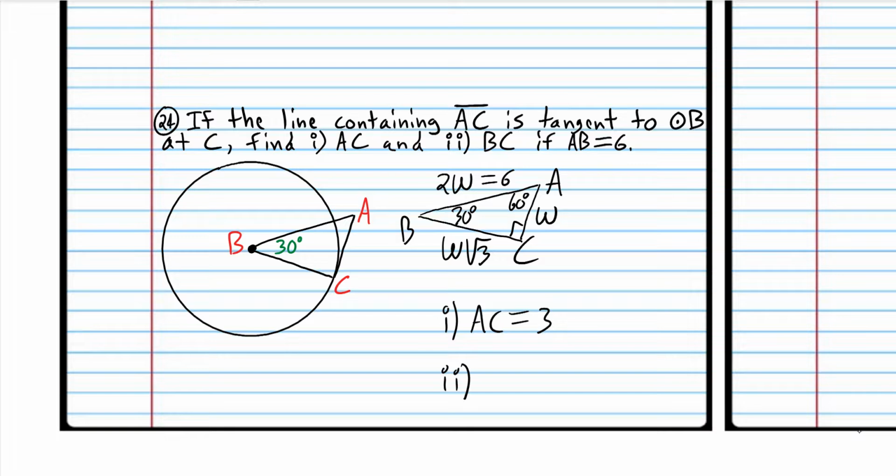And for part 2, the side BC, the side opposite the 60 degree angle, that must be equal to whatever the 30 degree side is equal to, which in this case is 3, times root 3. And so that's it. It's just really a 30, 60, 90 degree triangle problem. So if you got those right, good job.